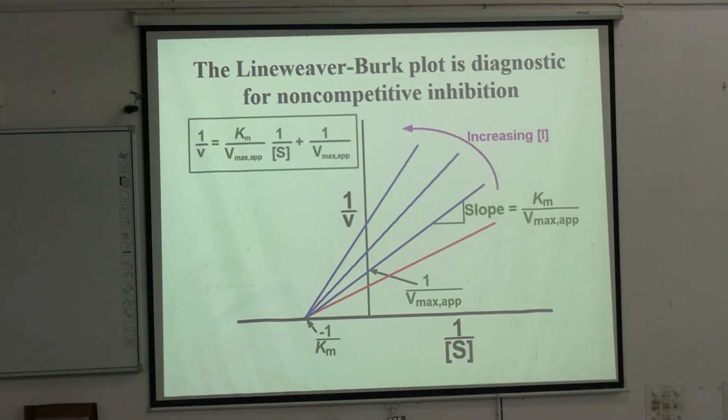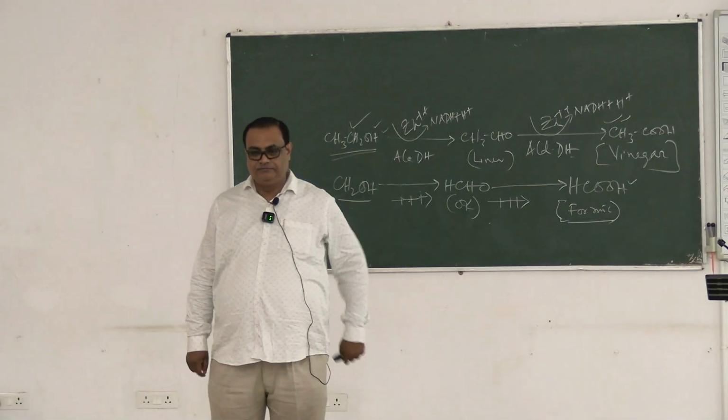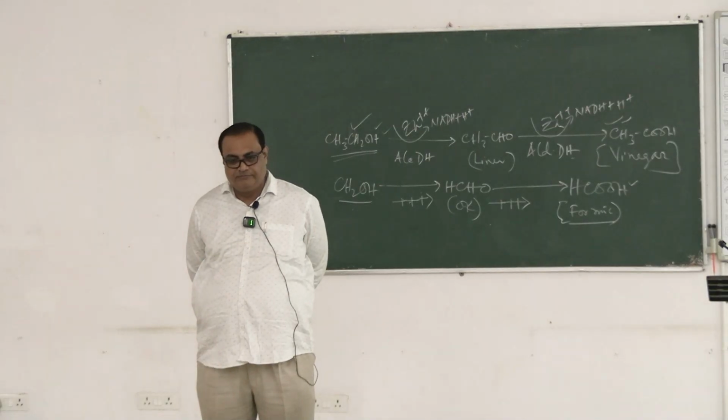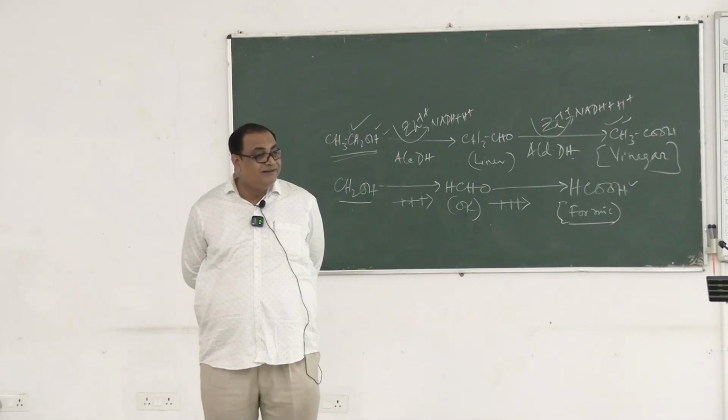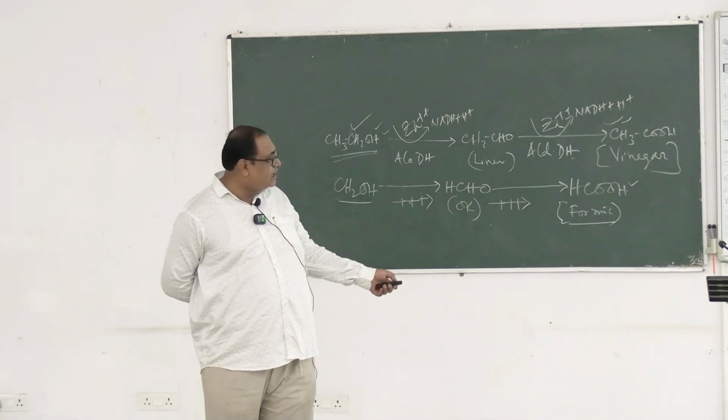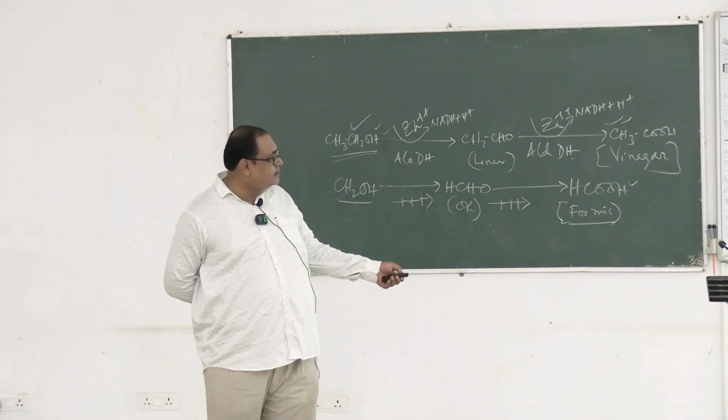In competitive inhibition, the graph showed that Vmax remains unchanged, Km increases, right? Here, Km remains unchanged, Vmax, if it goes higher on the x-y axis, is it increase or decrease?